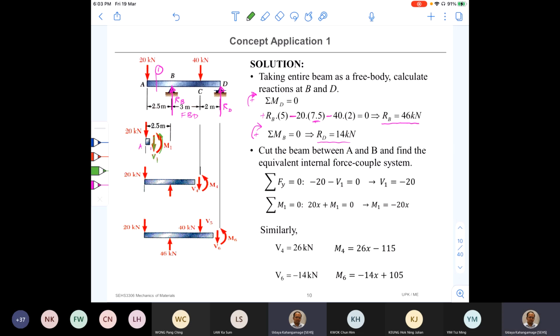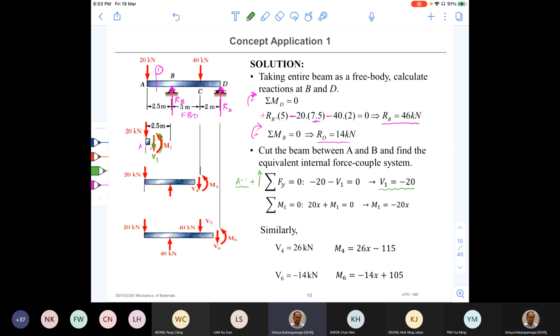Now you write the equation of equilibrium in the positive y direction for A up to 1. Downward is negative 20, negative V1 is equal to 0, then V1 is negative 20. That is the function of the shear force.